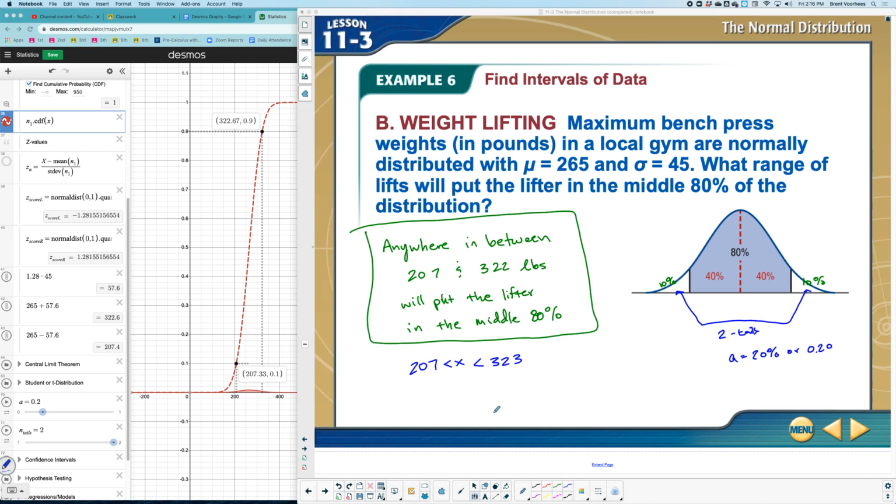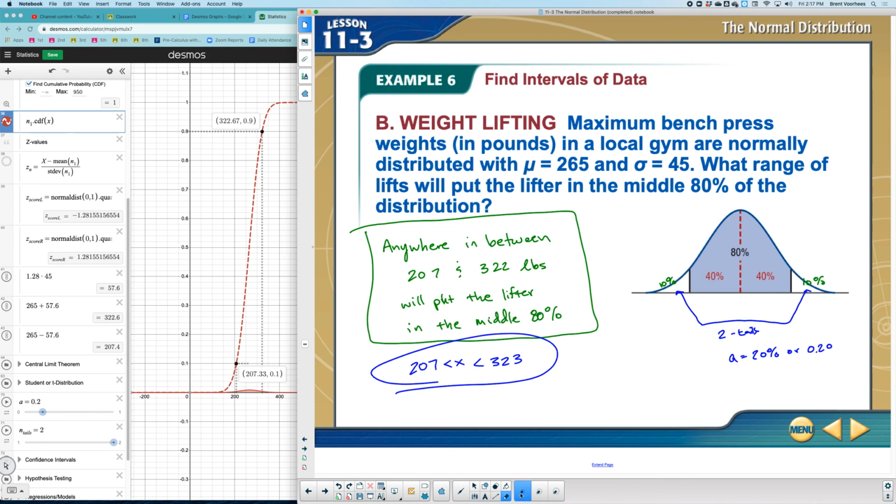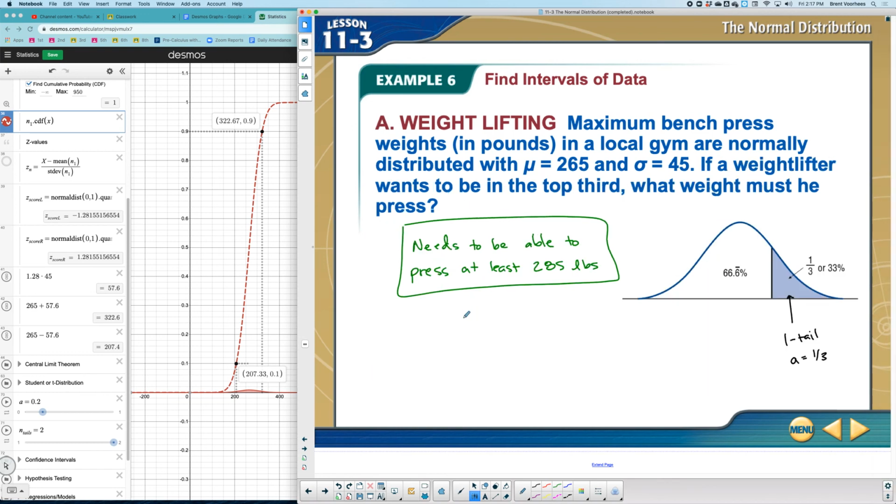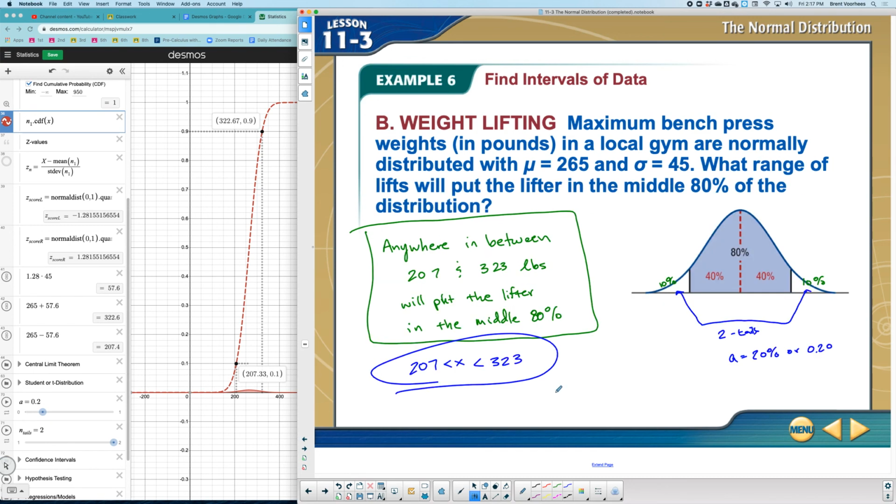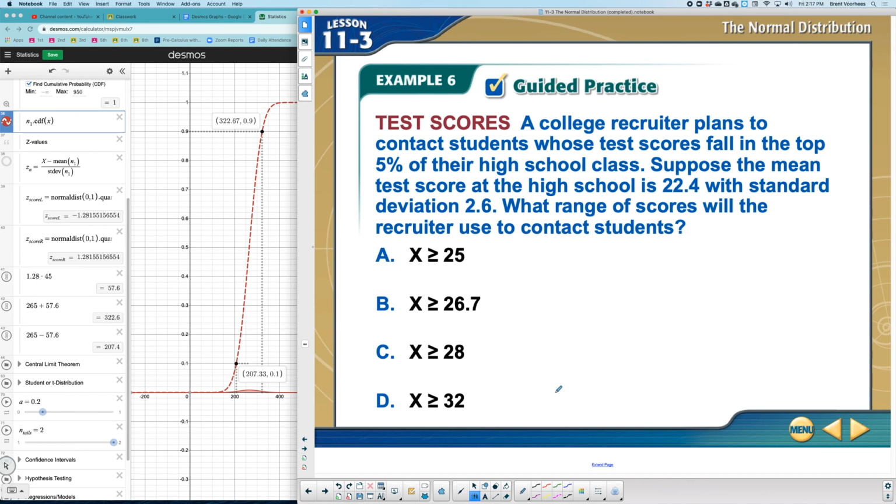So less than 323, counting in whole numbers, would work right there. And I'm going to go ahead and just put 323 just to be consistent. And on the previous problem, you would say x needs to be greater than or equal to 285 pounds. That would be the answer this time. Okay, now you can try this problem here.